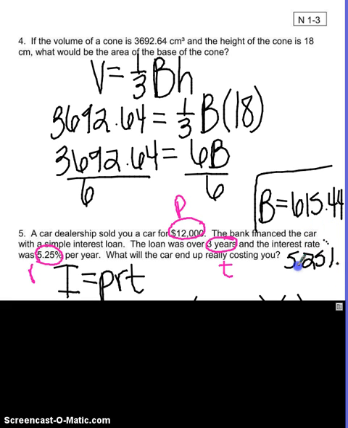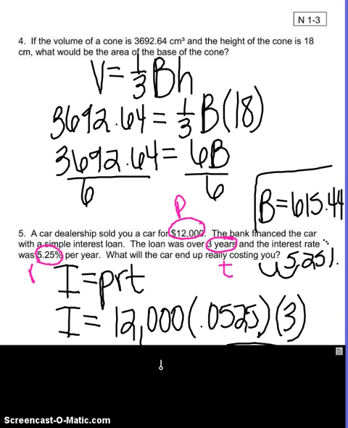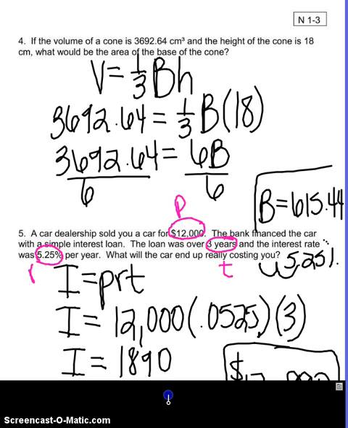I'm going to move my decimal places 2 places to the left, and that is where I'm going to get 0.0525. So if I look at how I would plug this into the equation, I should have interest is equal to 12,000 times 0.0525 times 3. And so when I multiply all of those out, I get that interest is $1,890.